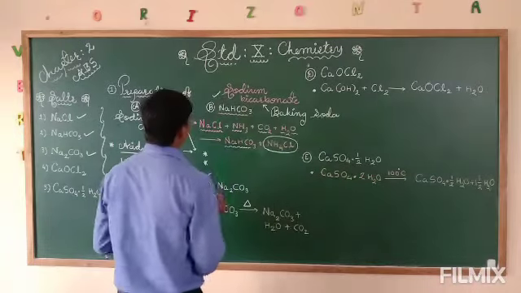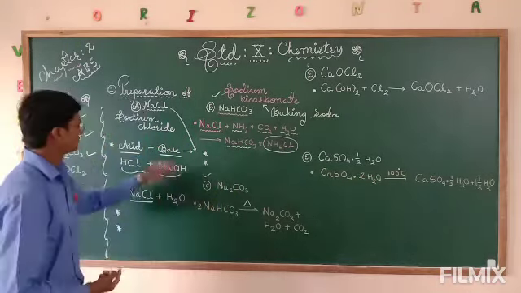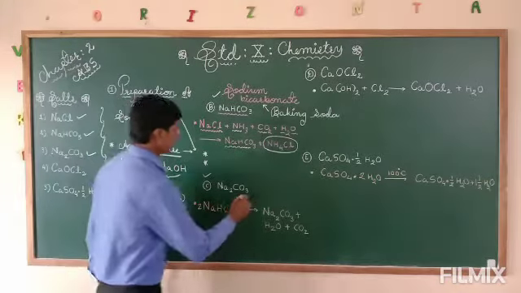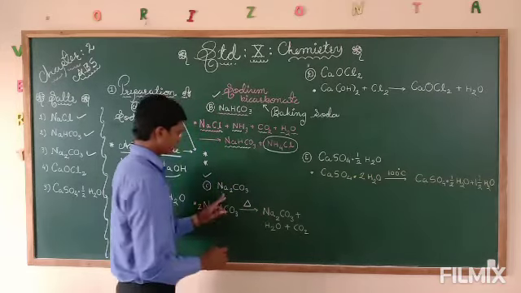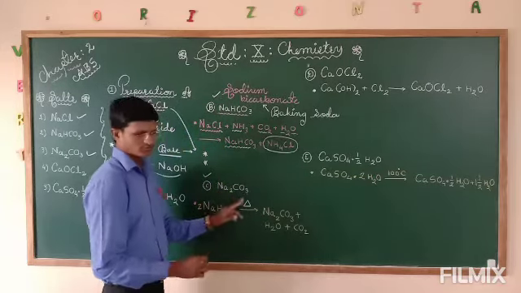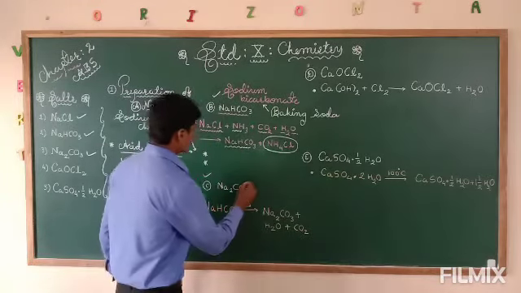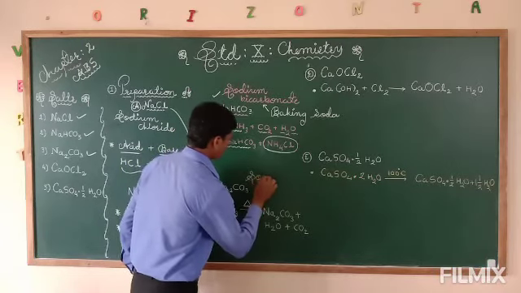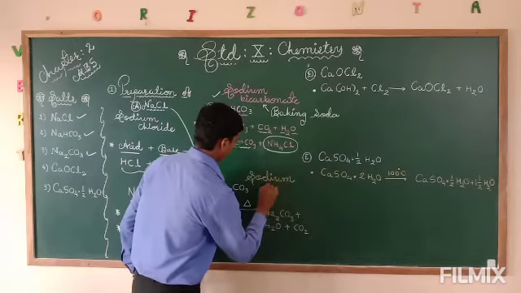Next, the byproduct. If you take this NaCl, after that a third product is formed, that is sodium carbonate, Na2CO3.